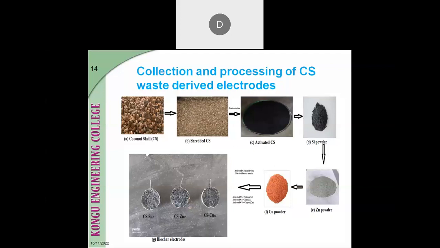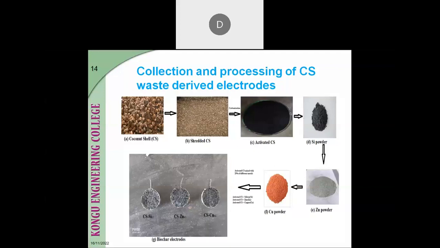The resulting carbon powder was combined with metal compounds like silicon, as we already discussed, zinc, or copper in a ratio of 1 to 5, in order to create the metal-combined biochar electrodes, right?